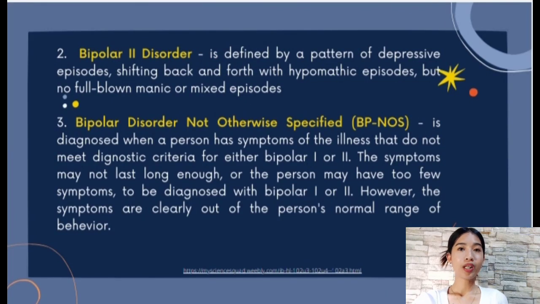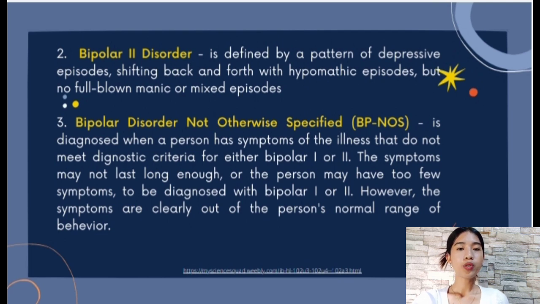Second is bipolar 2 disorder, defined by a pattern of depressive episodes shifting back and forth with hypomanic episodes, but no full-blown manic or mixed episodes. Third is bipolar disorder not otherwise specified, or BP-NOS.